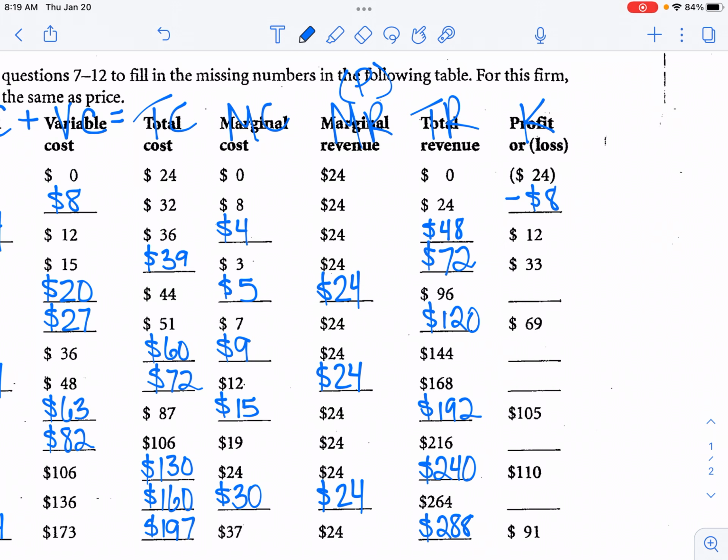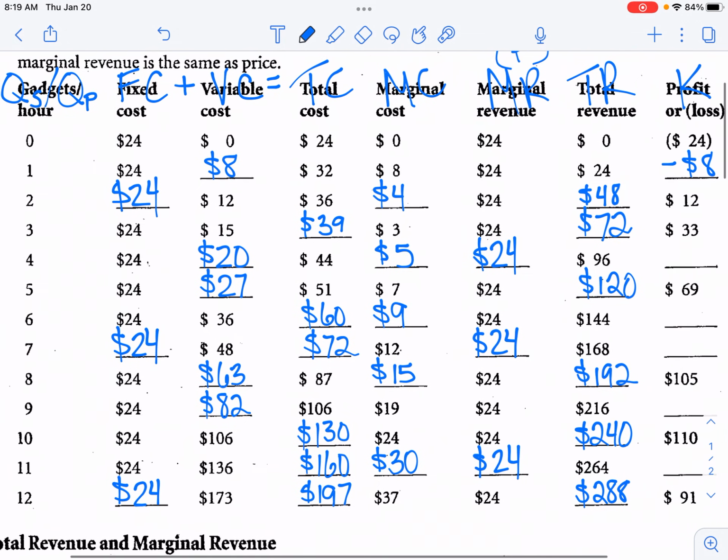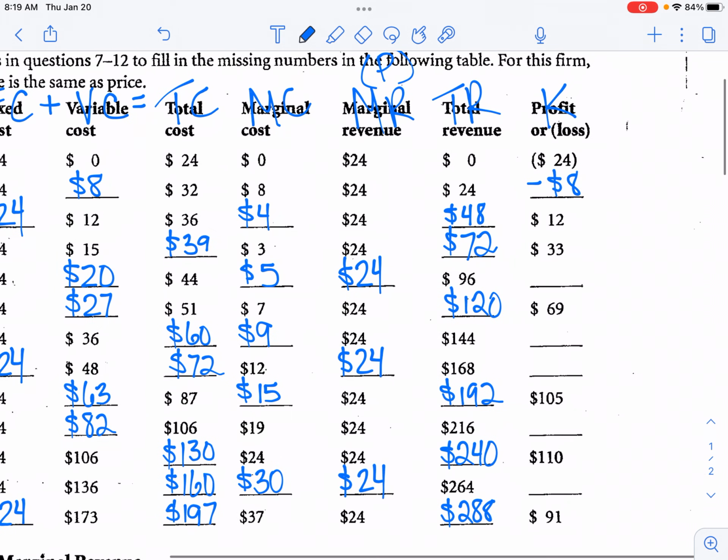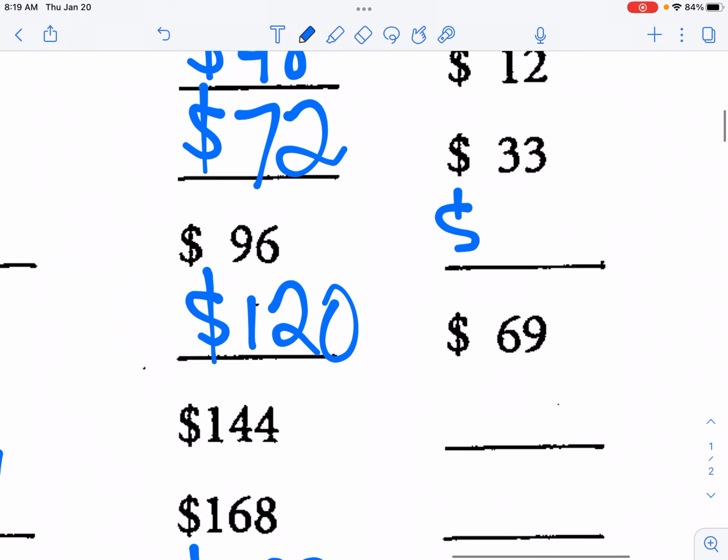Then as we start working our way down the rows, we are starting to turn a profit. Total revenue is 96 in the 4th row, and we're subtracting the total cost, which is 44. So that is $52 in profits.